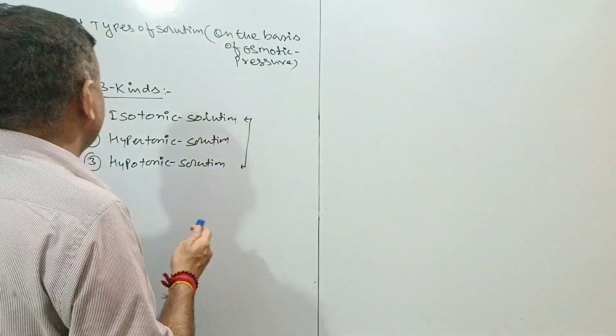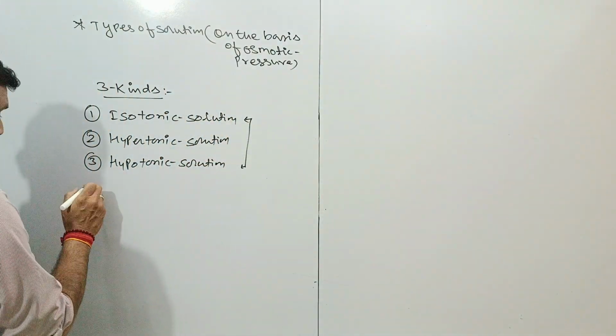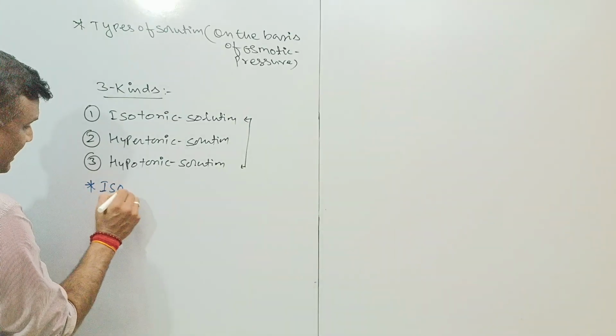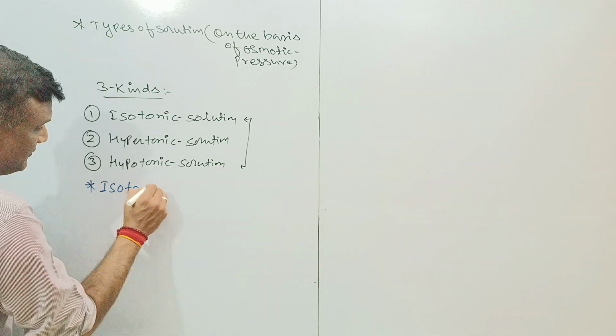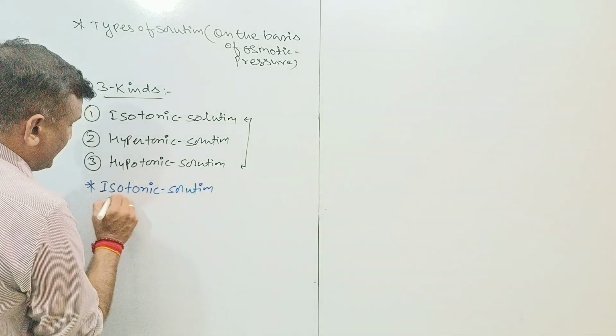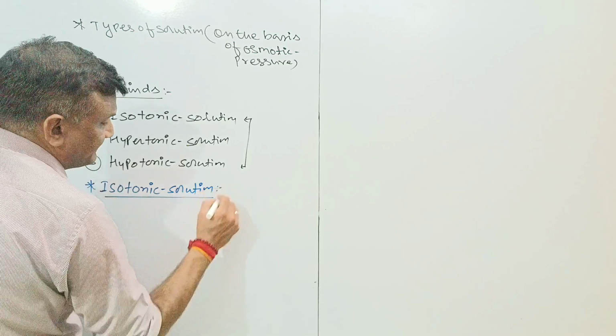First of all is isotonic solution. Iso means common. What is the meaning of isotonic solution?